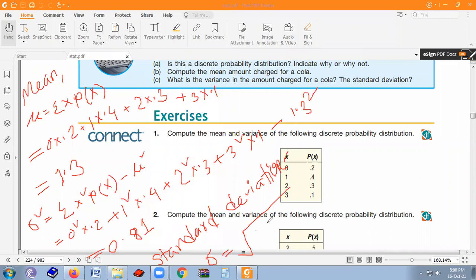Our variance is 0.81, so this is equal to 0.90. I hope everyone has understood how to find mean, variance, and standard deviation from a given discrete probability distribution. Any questions?